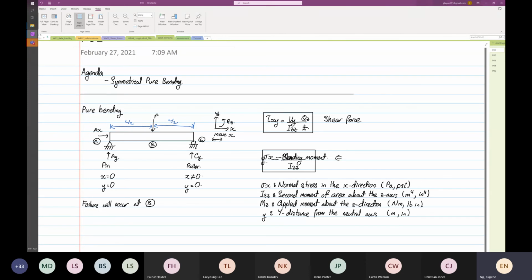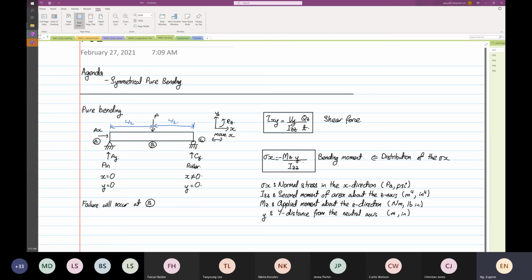Okay, so what this equation over here does is very similar to the shear stress equation. Okay, so this calculates the distribution of the normal stress of stress X. Okay, it calculates the distribution.